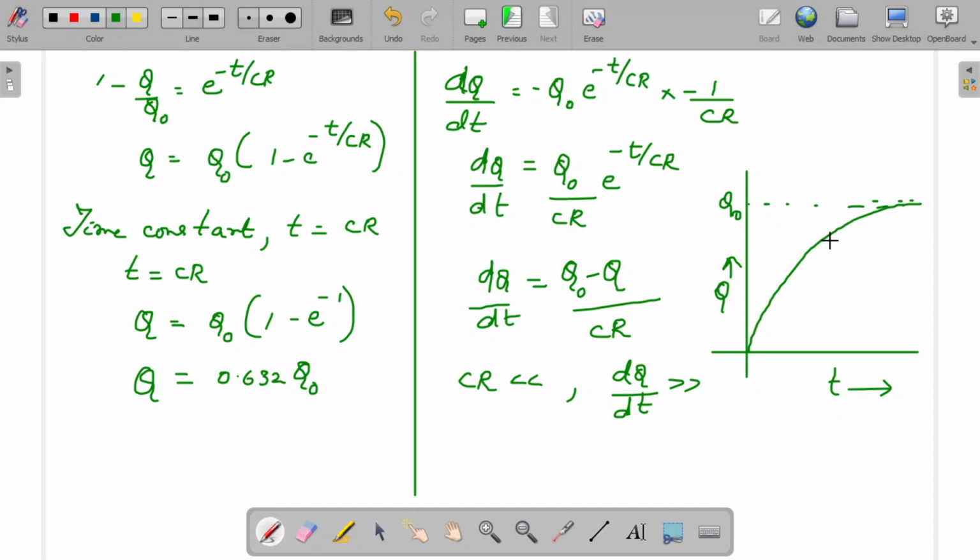When it is going to attain the steady value, the growth is not rapid. At the beginning, as time increases, the capacitor's charge goes on increasing very rapidly, and as it reaches the steady value, the growth is slower. So this is how the graph will look. If you plot this equation in a graphical mode, this is what you get.